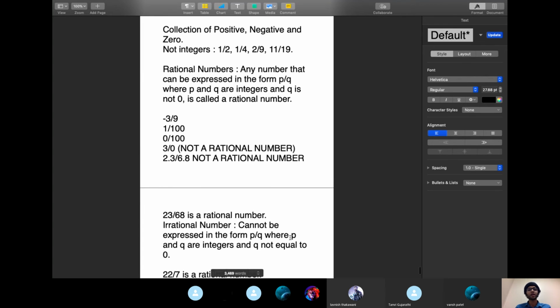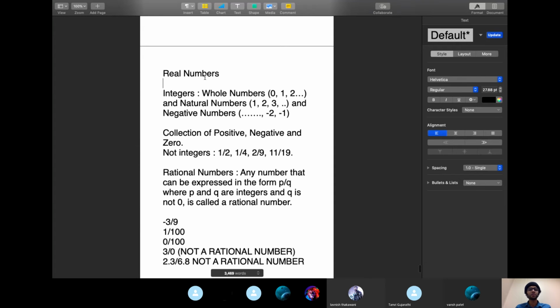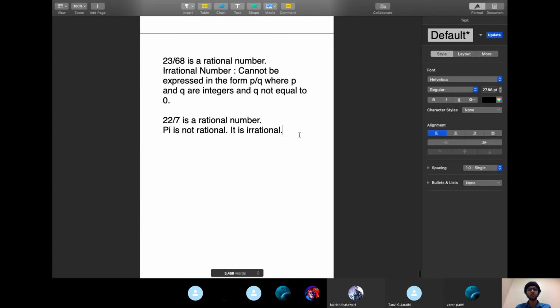Okay, so what are real numbers? Real numbers are the collection of rational and irrational numbers.